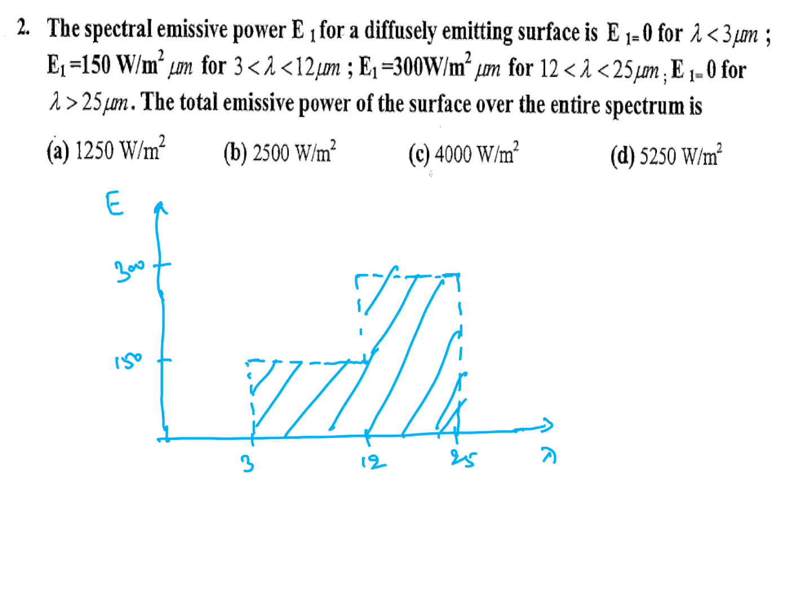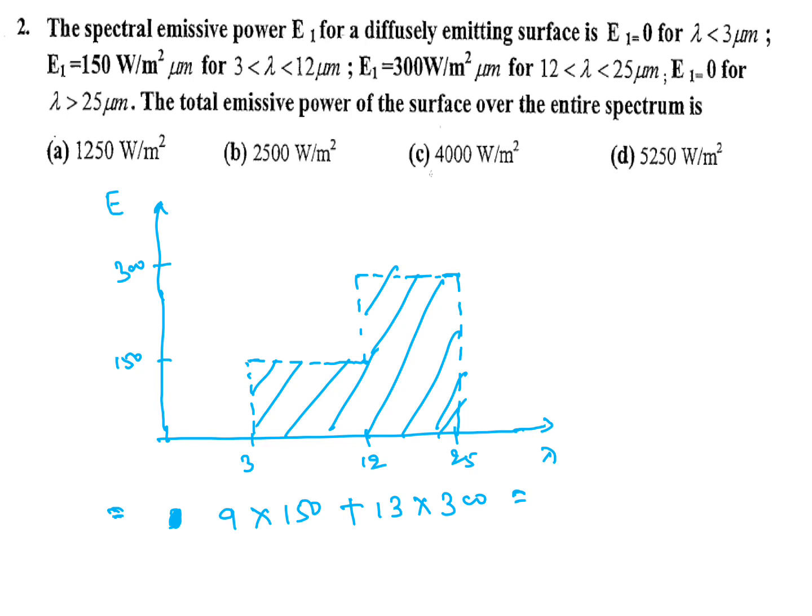So total emissive power is 12 minus 3 is 9 into 150, plus 25 minus 12 is 13 into 300.